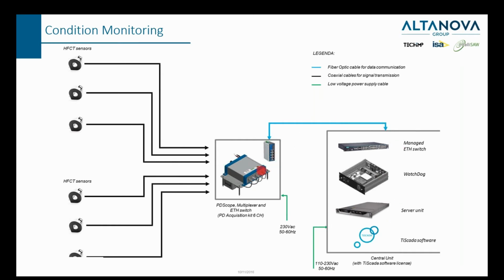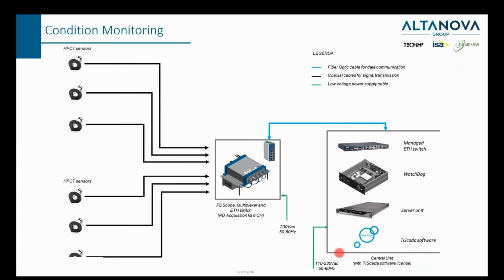The central server can be connected to all sorts of monitoring components. Here we're talking about a PD measuring unit. It can also be connected to other diagnostic markers. If we have temperature monitoring, we can also connect it to the central server. If we have transformer monitoring, like DGA or tan delta monitoring, we can also connect it to the server.